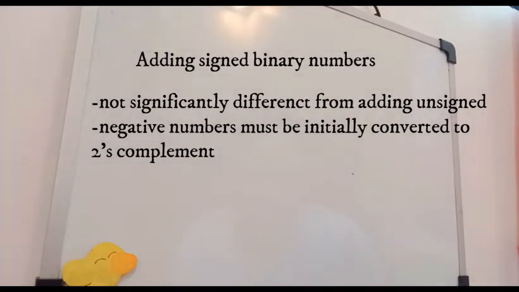And most importantly, negative numbers must be initially converted to 2's complement. So, let's say if you're given a negative number, let's say negative 5. Before mo siya i-add, convert mo muna siya into 2's complement. Okay? So, let's have an example.